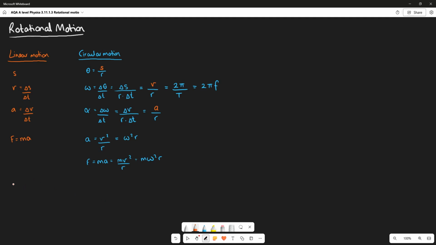For example, in linear motion we have mass, and in circular motion we have the moment of inertia. In linear motion we have force, and in circular motion we have torque. We can also draw parallels with the Suvat equations, or the equations of motion.